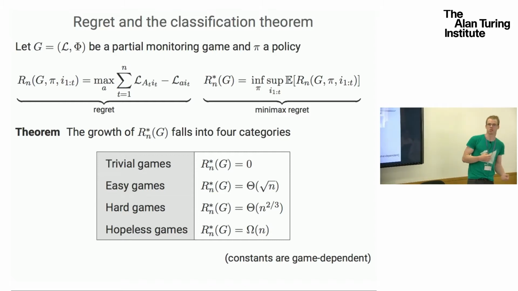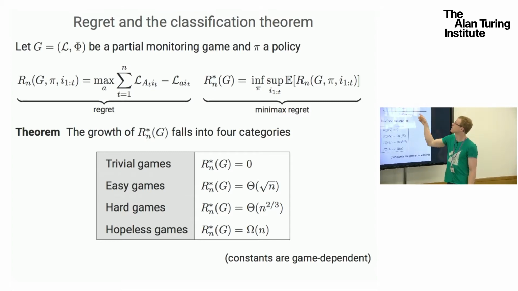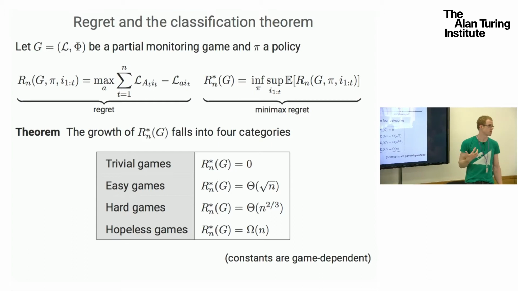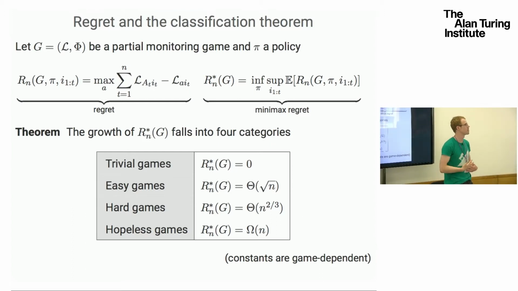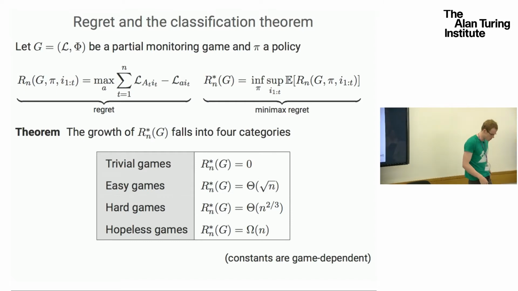And then there's the minimax regret, which is really just the best possible regret you can get against the meanest adversary. Okay, so you choose a policy, and then the adversary is going to choose as meanly as possible the sequence of outcomes. And we want to understand, what does the minimax regret look like?